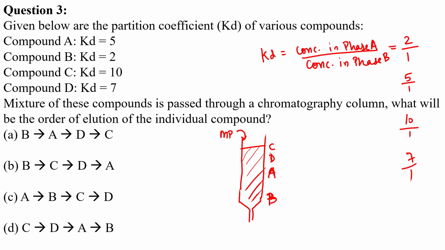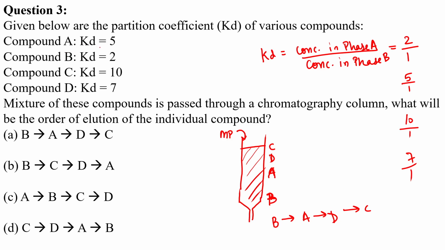If C is interacting most, then D, then A and then B, that means when we take the elution, since B is interacting least with the stationary phase, B will get eluted first, right? So, B will get eluted first, then we will have elution of A, then D, and then C. So, do you understand what a partition coefficient means?